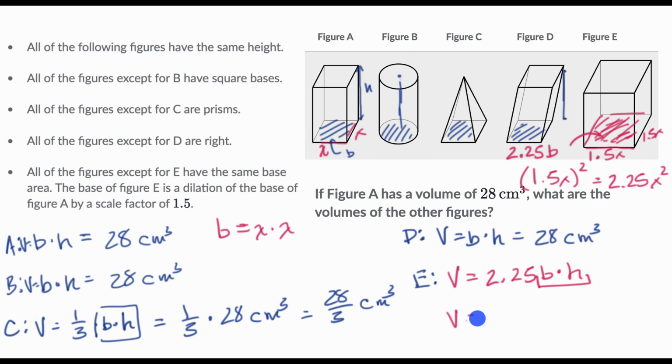So the volume for figure E is going to be 2.25 times 28 cubic centimeters. I don't have a calculator here in front of me, and I could do it by hand, but I think you get the general point. You just have to multiply 2.25 times 28 to get the volume of figure E. And that's because its base has been scaled in each dimension by 1.5.